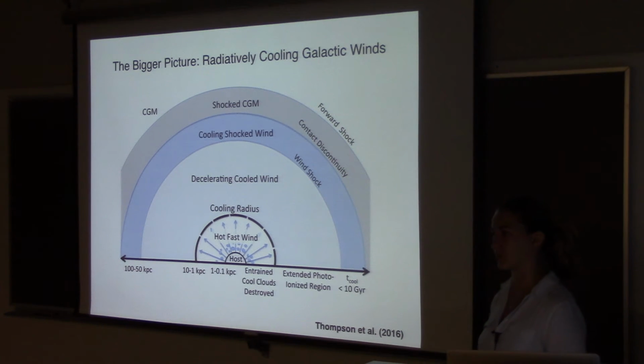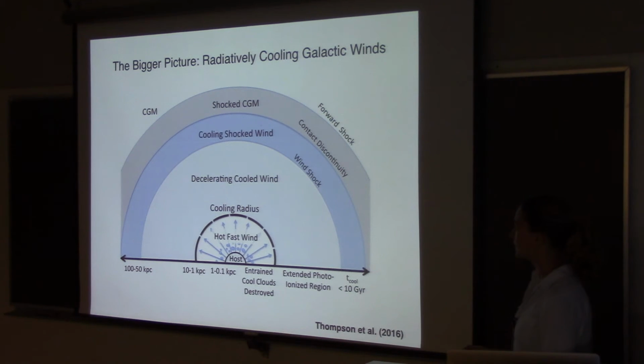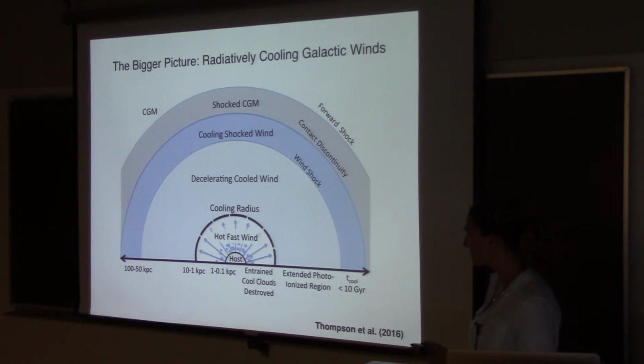And my simulations actually support that picture in the sense that we weren't able to accelerate gas very effectively with these turbulent structures, but we were able to much more quickly mass load the hot phase as a result of having all of these different column densities. And so, this is a picture that I would like to test in the future.